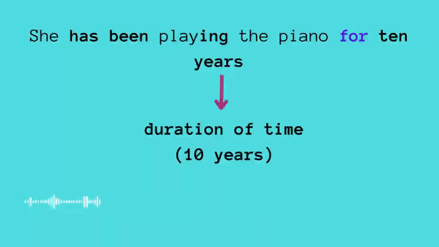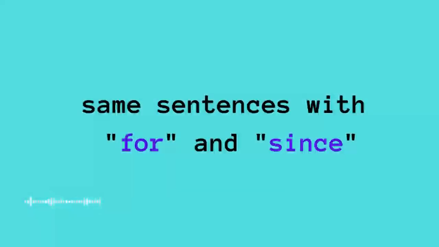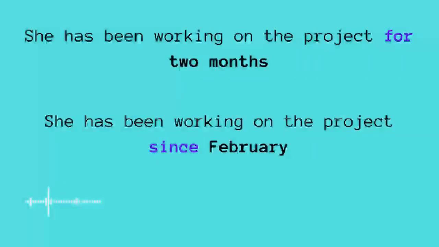And for now, what we are going to do is look at the same sentence with for and since. How can we use for and since to talk about the same example? Alright, so let's continue with that. She has been working on the project for 2 months.